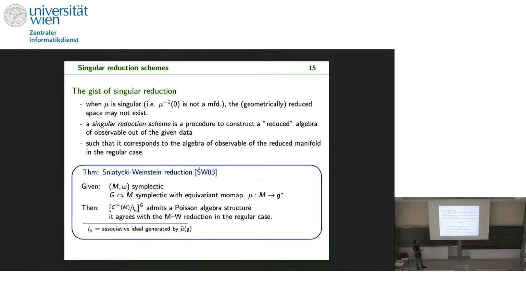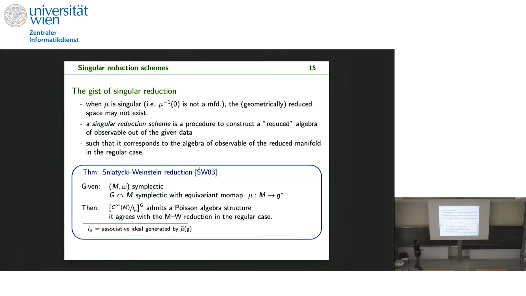There are several schemes of singular reduction; I'm only giving an example here. This example runs by first constructing an associative algebra as the quotient of the algebra of observables by an ideal, the associative ideal generated by all the momenta, that is, all the possible images of the momentum map from the domain of the Lie algebra.